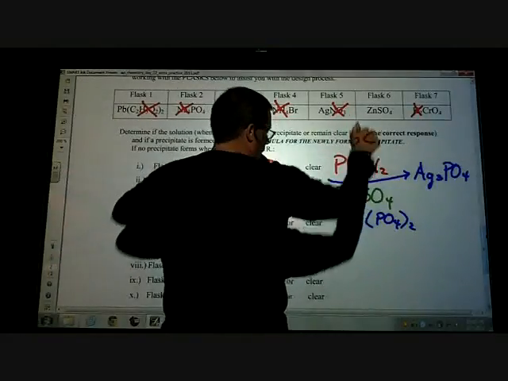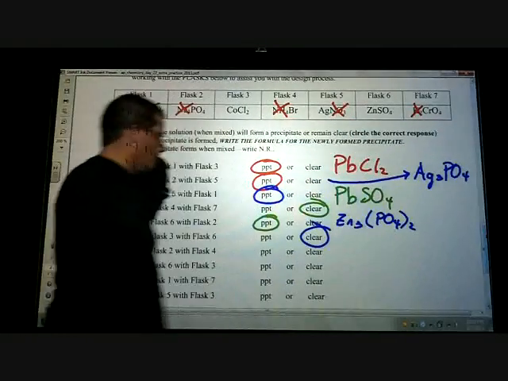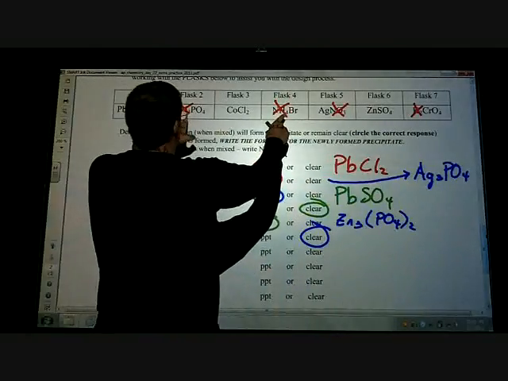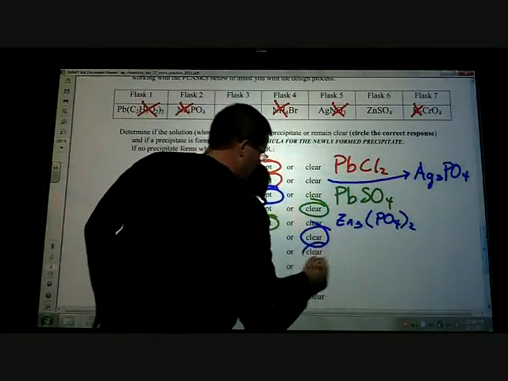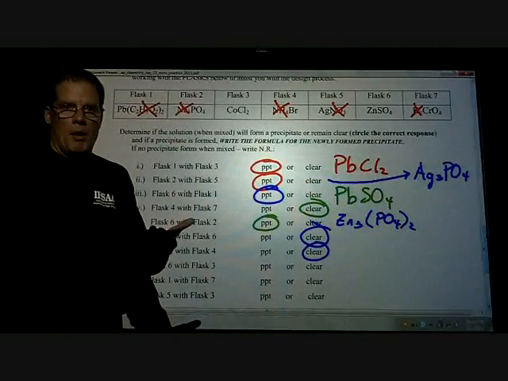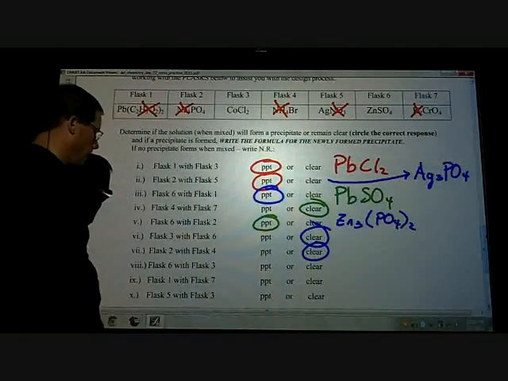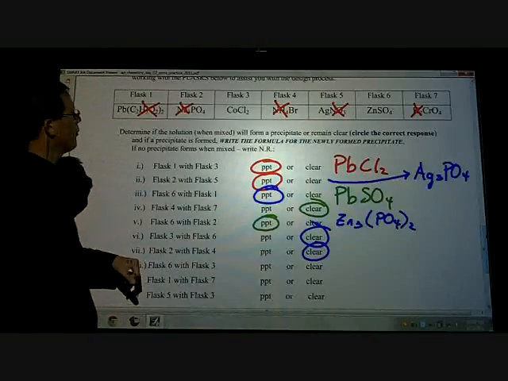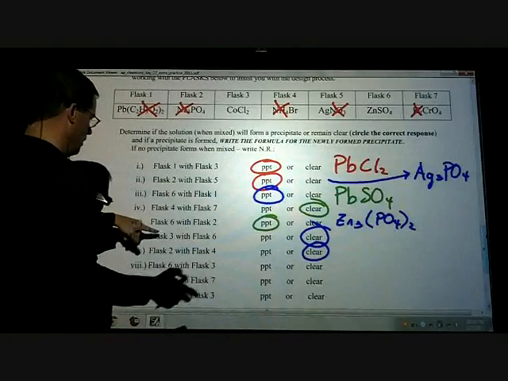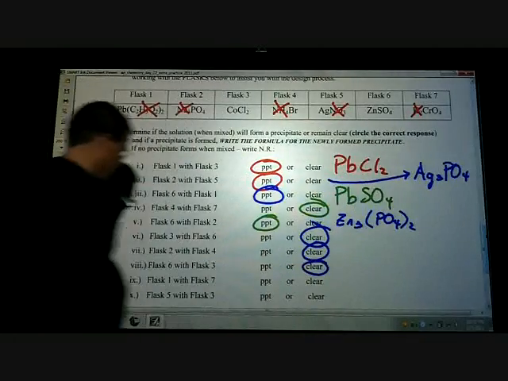I don't see silver or lead. Clear. Okay. 2 with 4. Metals are out. That makes it really quick. If you notice that the two metals are out, the two non-metals are not going to get together and form a PPT. 6 with 3. Wait a minute, we just did that. Yeah, we did. So again, clear.